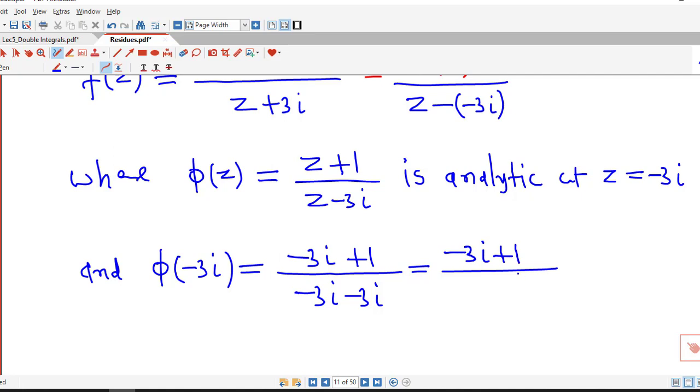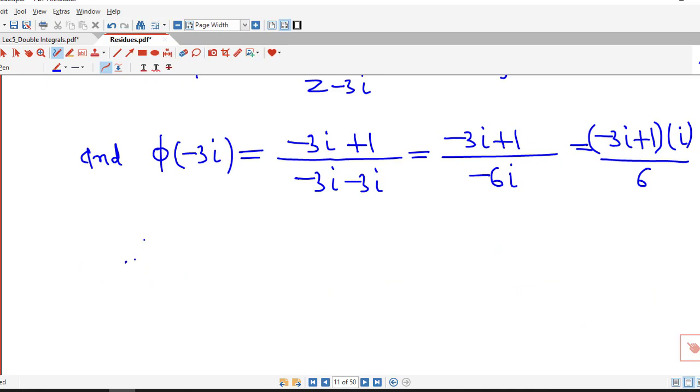So minus 3i minus 3i is minus 6i, and we can replace 1 upon minus i by i, since 1 over i is minus i, so minus 1 over i is i.